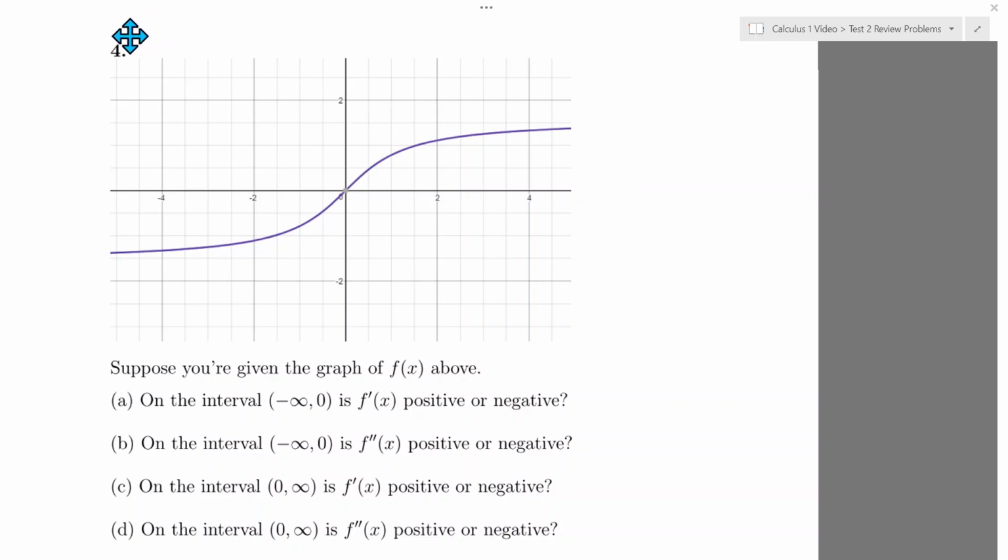Continuing to problem 4, once again, we're given the graph of a function, and we want to describe the various features of this graph in terms of increasing or decreasing, and concave up or concave down.